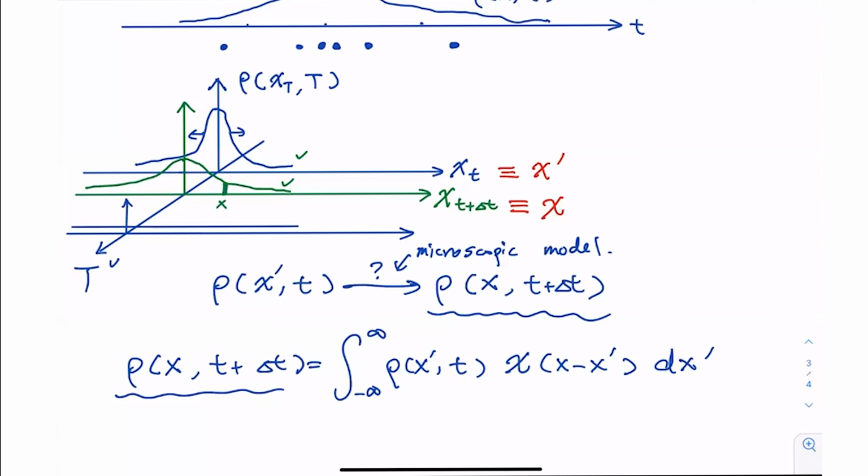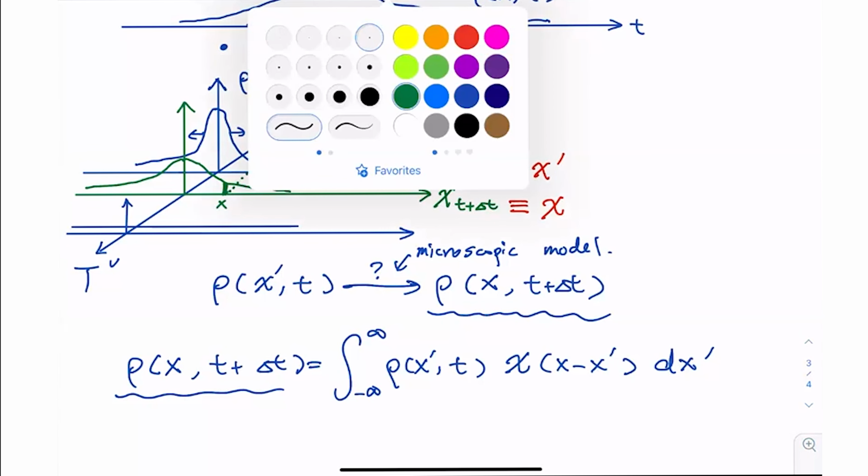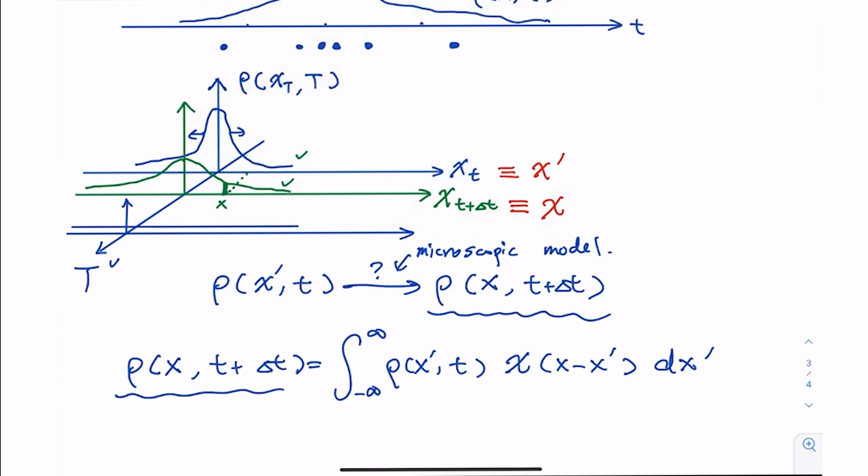Okay. And from the microscopic picture, we know that in order for our particle to end at this particular position x, suppose, let me draw a dashed line to represent the relation with the previous coordinate. In order for our particle to move to this position x at time t plus delta t, we might have some particles sitting somewhere here.